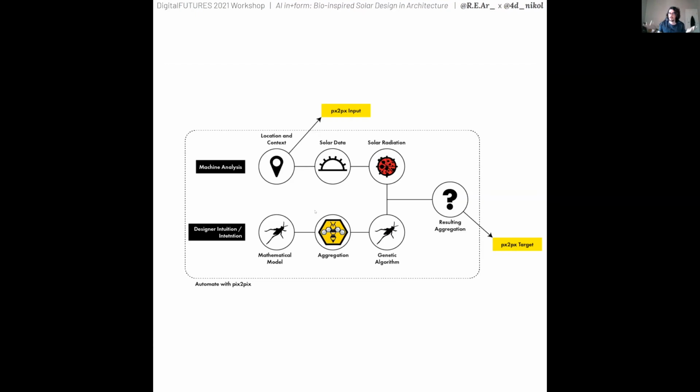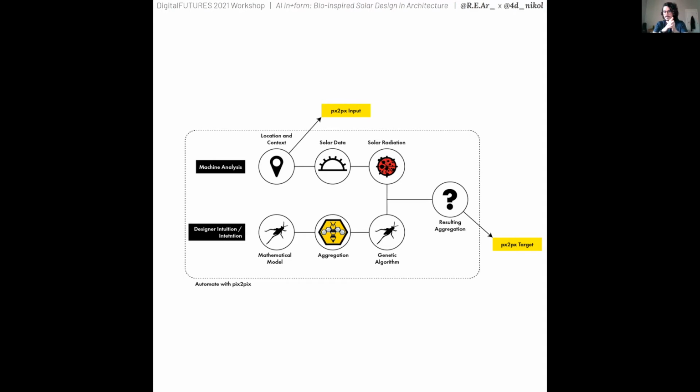So, okay, in terms of our pipeline for the project, what we really want to do is use pix2pix as a way to handle a really complex, really computer-intensive pipeline, and use a model that can generalize, to a certain extent, obviously, this pipeline.